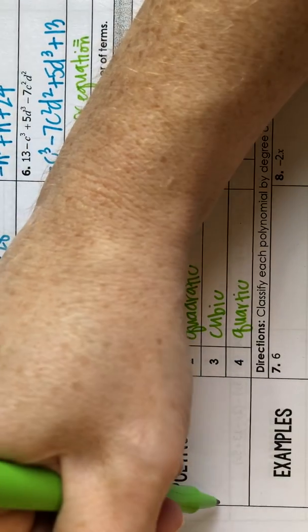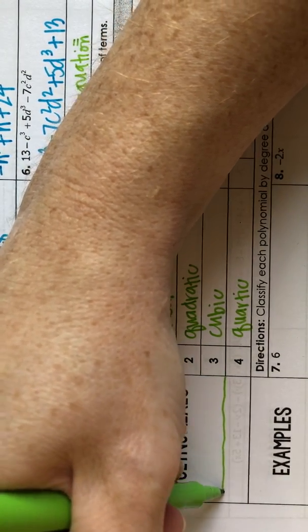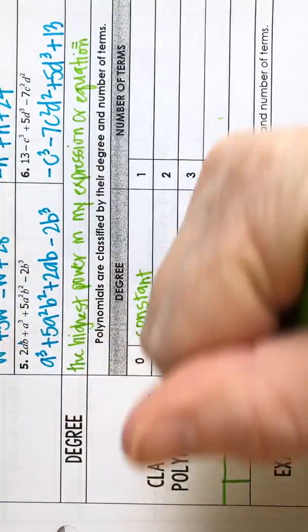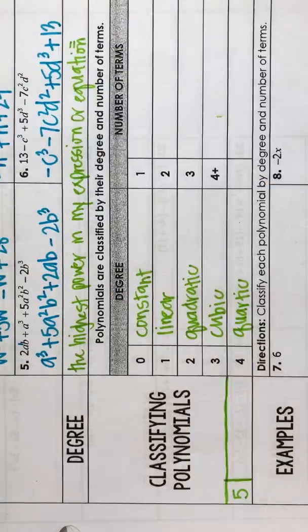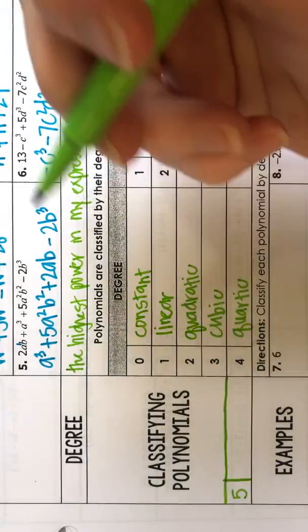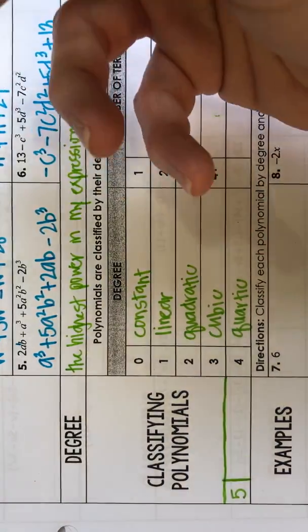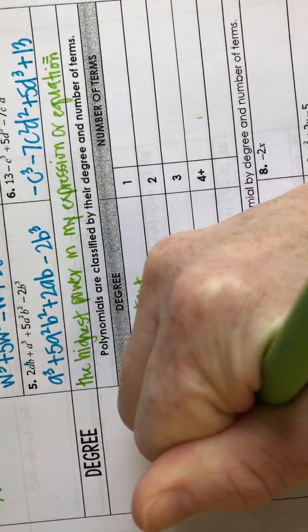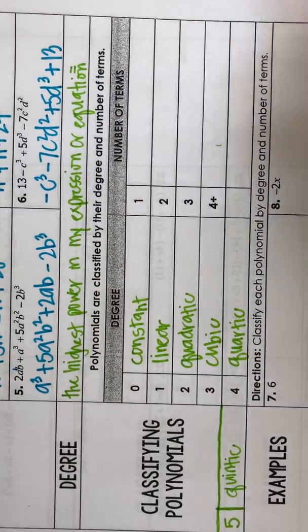All right, and then I want to add one more. So let's draw a little section over here. Hopefully I can make that look a little better. Sorry about that. And I'm going to make my box, and I'm going to put a number 5 in. Okay, so a 5th degree, x to the 5th degree, we call those quintic functions.